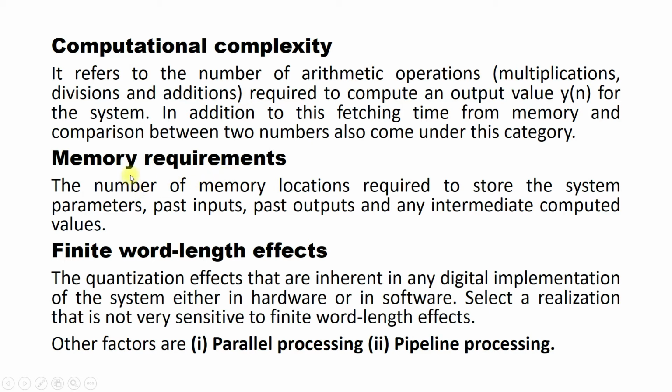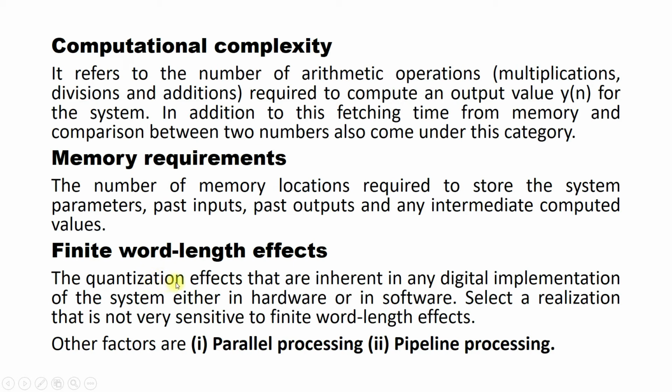And the second one is the memory requirements. Our objective is to keep the memory as minimal as possible. And the third factor is the finite word length effect. In the digital domain, we always have registers with finite length.